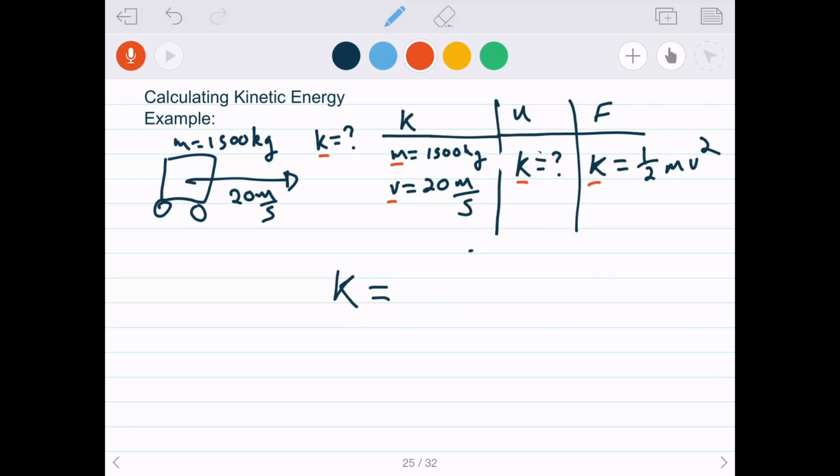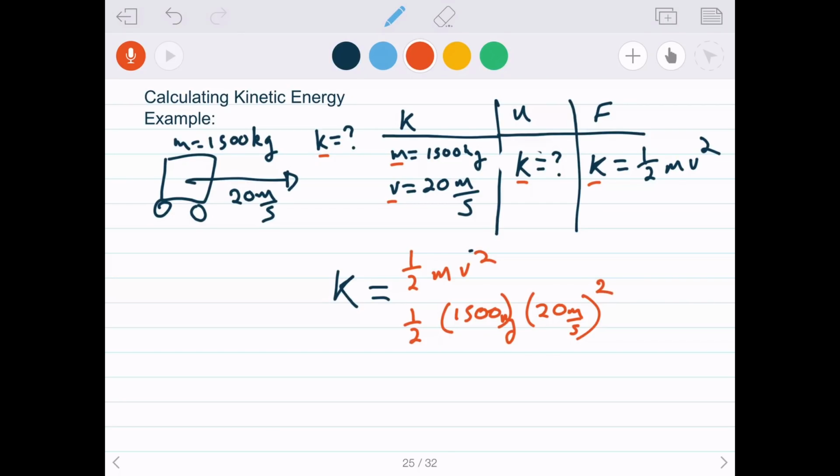The formula is 1/2 mv squared, and now I'm going to plug it in. Plug in our numbers. What's our mass? 1,500 kilograms. Our velocity is 20 meters per second, and that's squared.